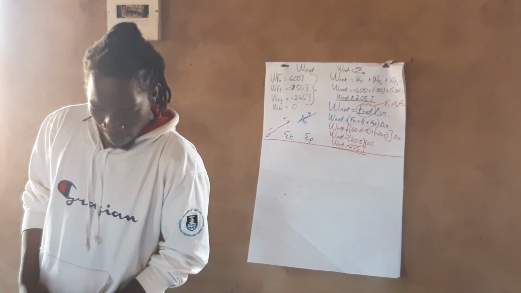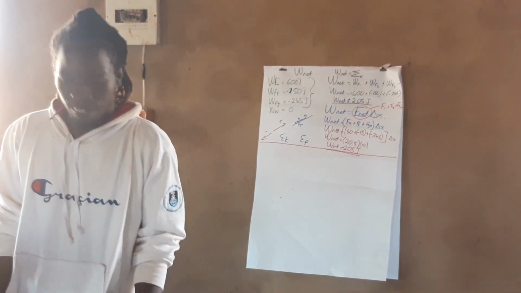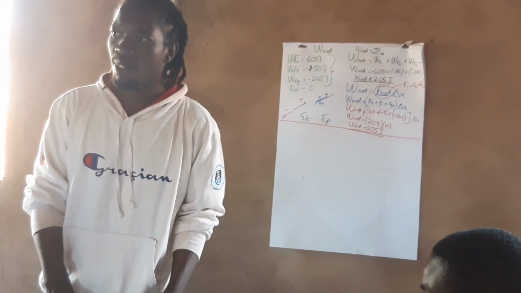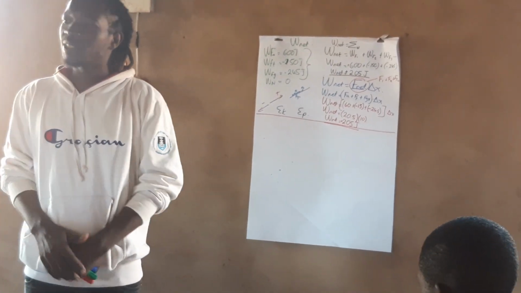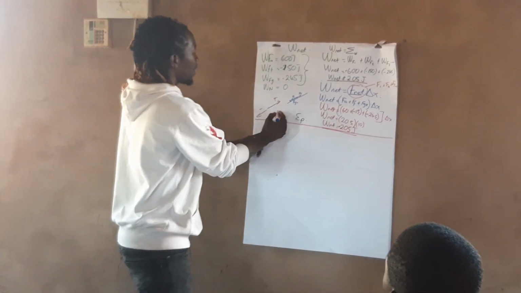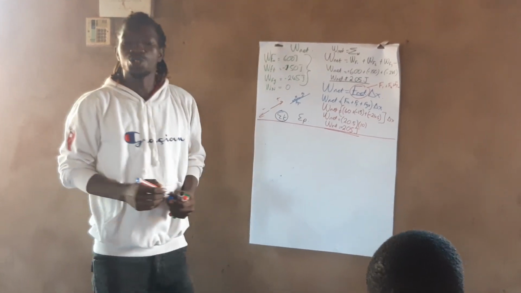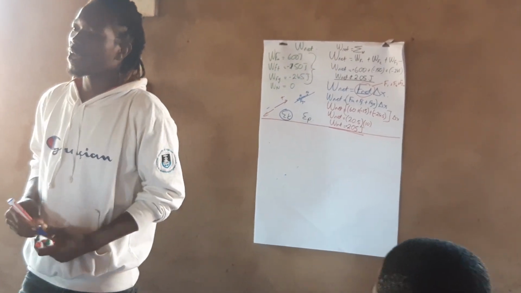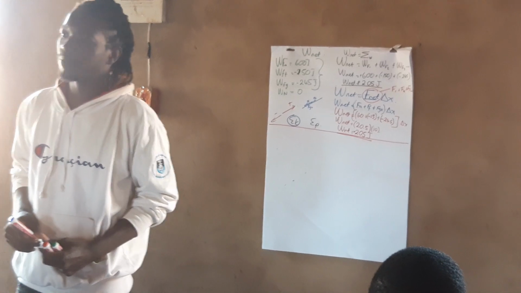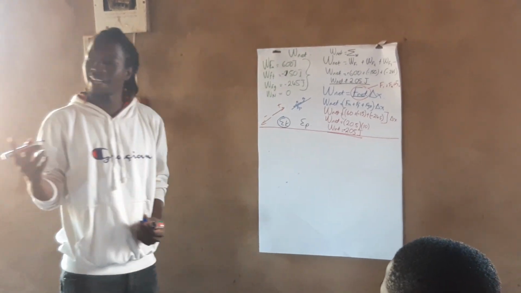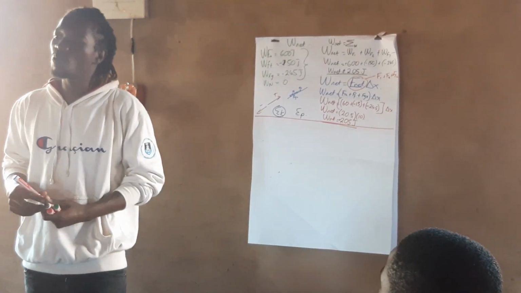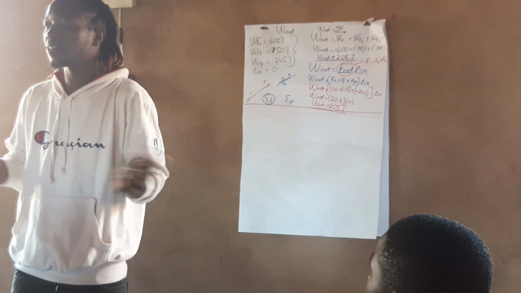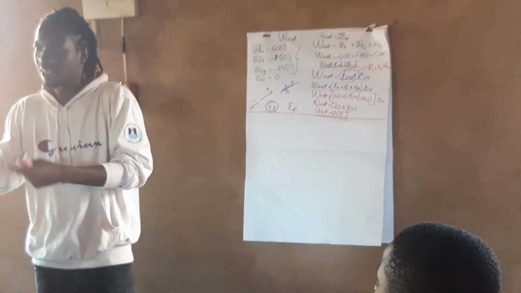Okay. So now, let's do this. We said the object will gain either EK or EP. So we are moving to something that we call the work energy theorem, which is the standard formula that we use to calculate anything that deals with work.